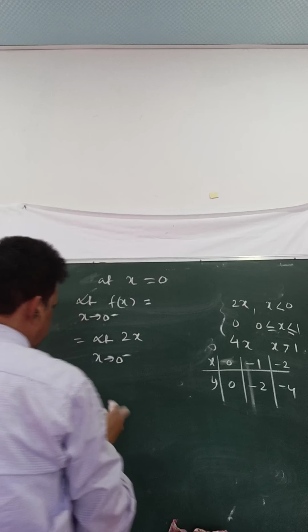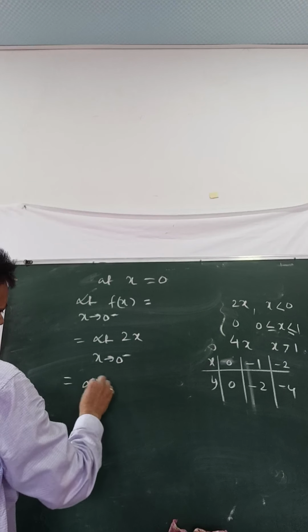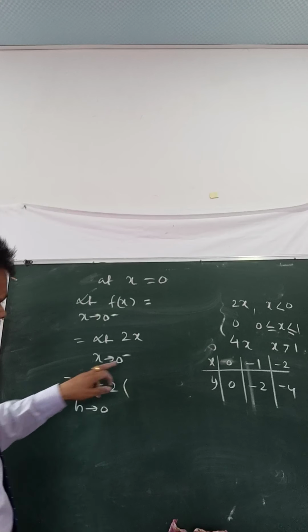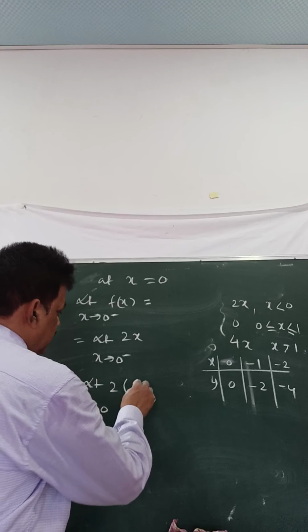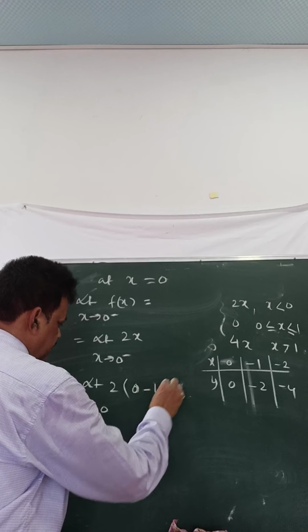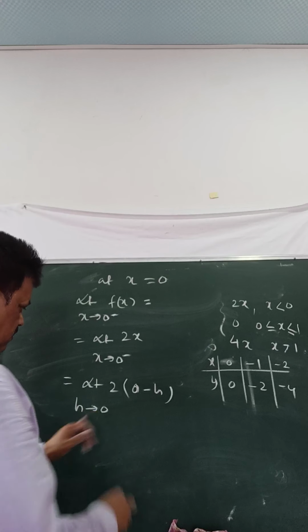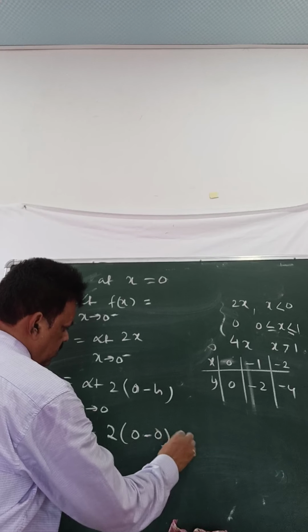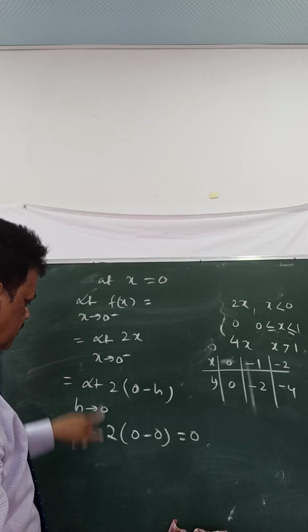How to solve? Limit h tends to 0, 0 minus h. So put h equal to 0, that is 2 times 0 minus 0, which is 0. So this is our left hand limit.